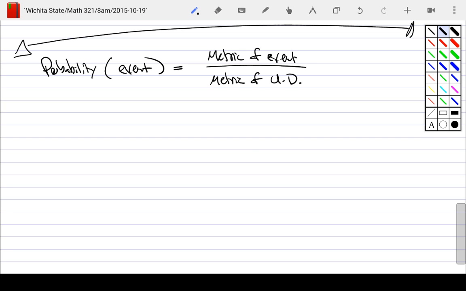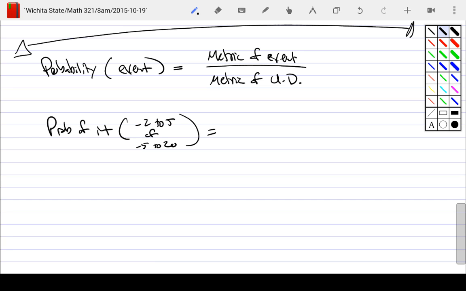What if I said, what's the probability of picking an integer between -2 and 5 of all integers between -5 and 20? How many integers are from -2 to 5?